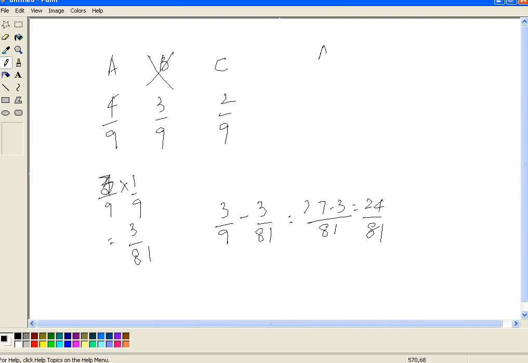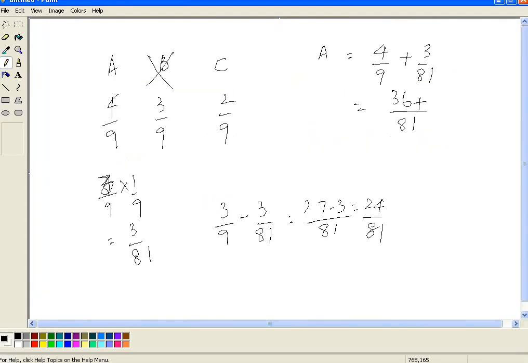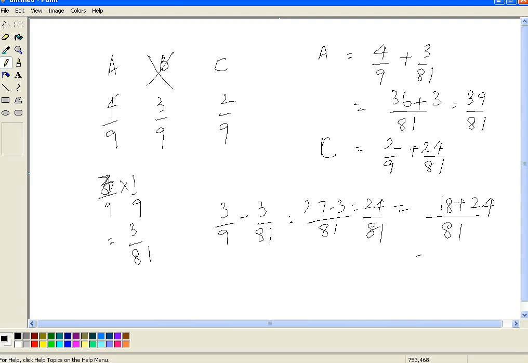We have to find out A's new profit share. It will be 4 by 9 plus 3 by 81, which is equal to 36 plus 3, which is 39 by 81, and C's new share will be 2 by 9 plus 24 by 81, which is equal to 18 plus 24, which is equal to 42 by 81.